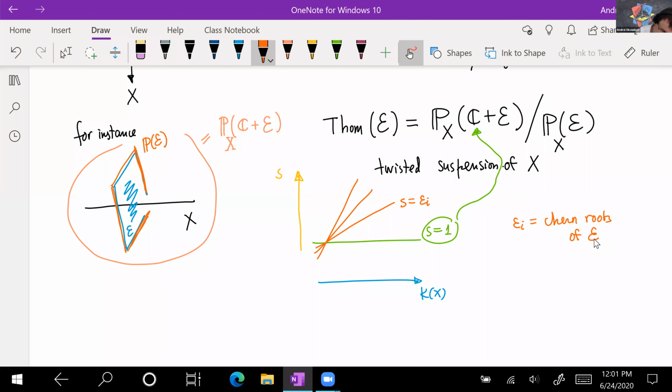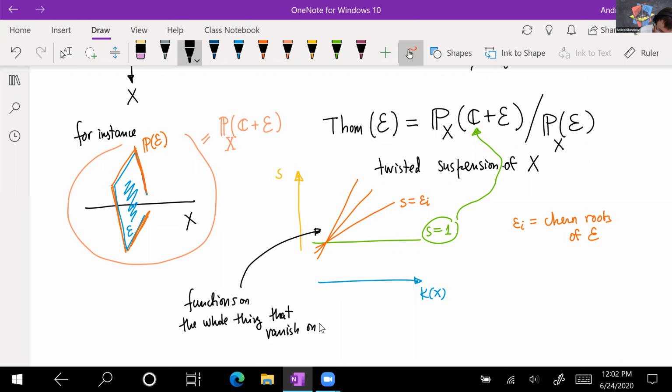And so then, what does it mean? I take the K-theory or elliptic homology of a pair. Means I consider K-theory classes on the big space that vanish on the subspace. So I'm interested in functions on this scheme, on the whole thing, that vanish on the red part.